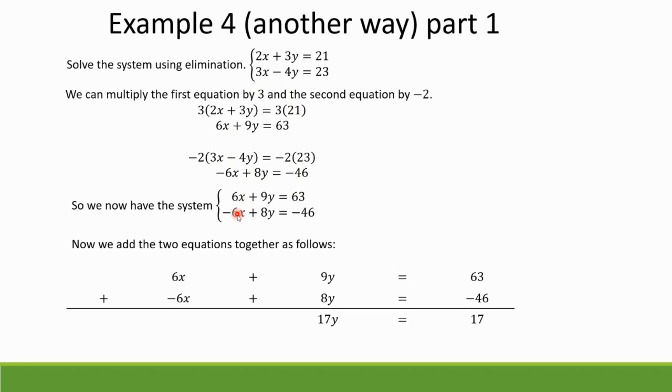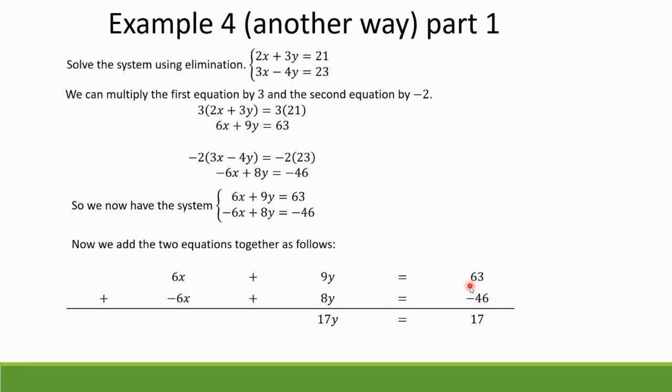Now we can add and kill off the x. That's what I'm doing down here. We have 9y, 8y, right? So when we add the 6x and the -6x, they cancel. X is gone. We get 9y plus 8y is 17y.